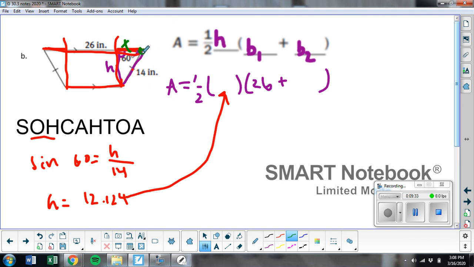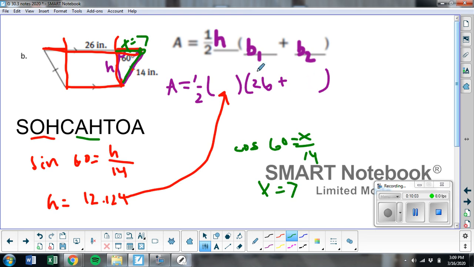Remember, I have 60 degrees. This would be the adjacent side and the hypotenuse. So cosine 60. Cross multiply and solve. You'll get 7.